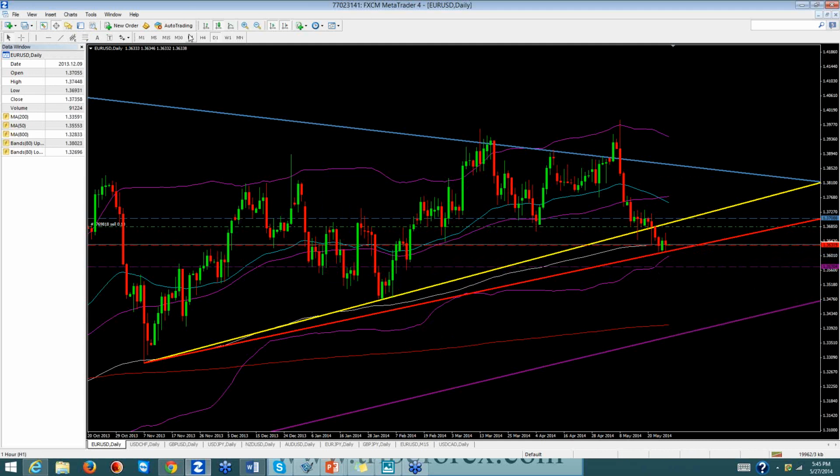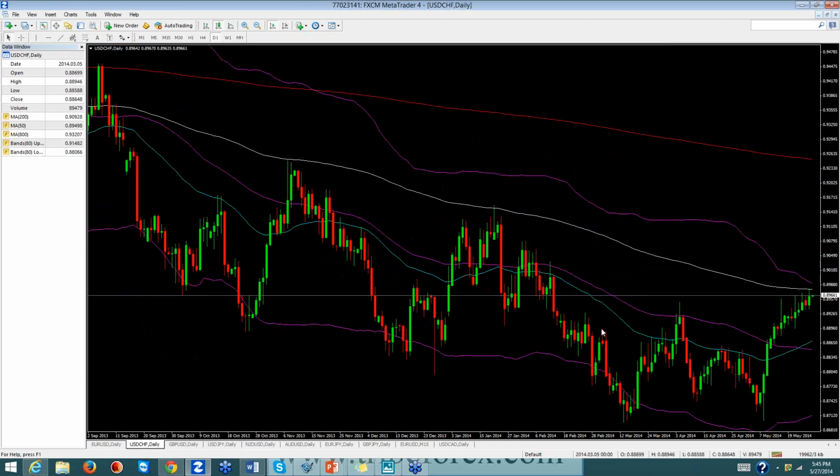Okay, look for areas of support and resistance on the lower side as well. That would also give us some form of confirmation of price action in the ranging area. So that's what we're looking for. We have a range consolidation bias on the euro dollar. I'm looking at a consolidation bias also on the dollar Swiss very clearly.